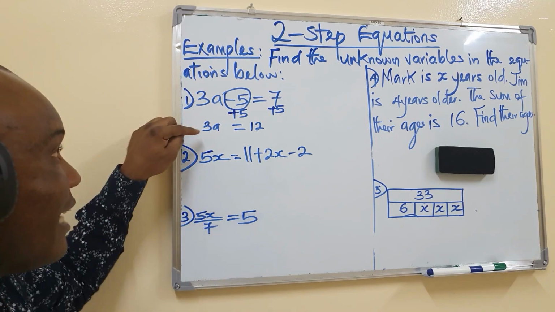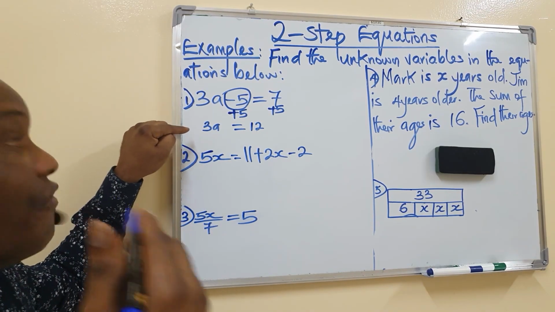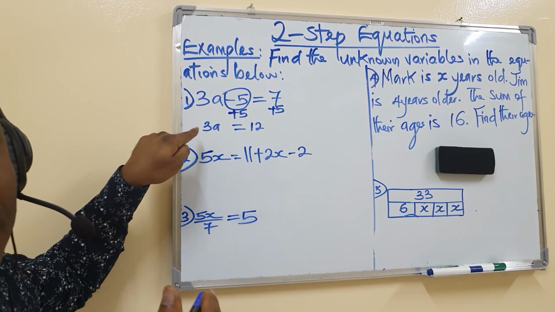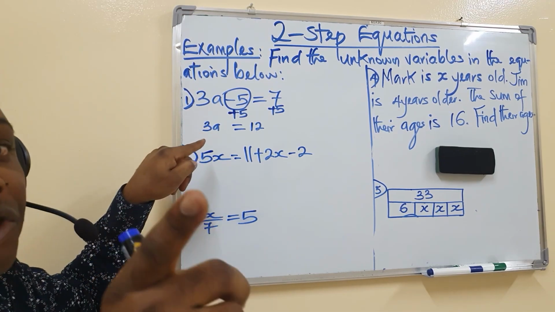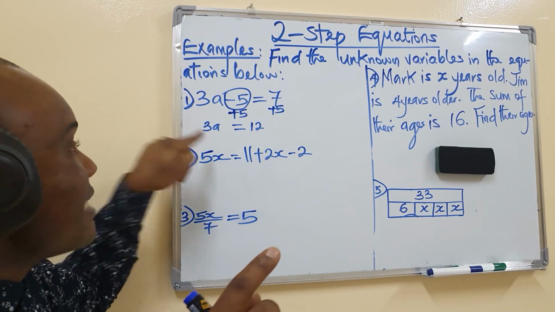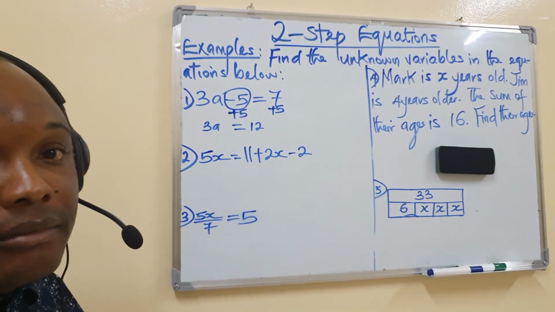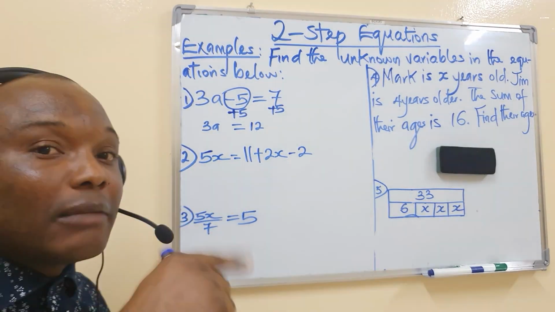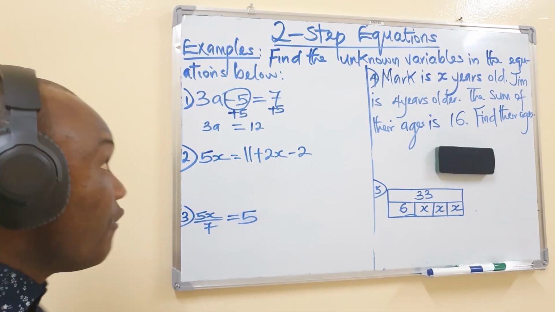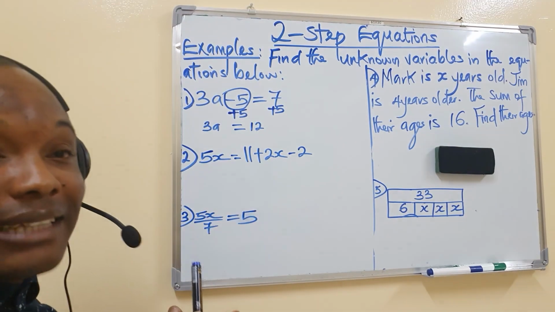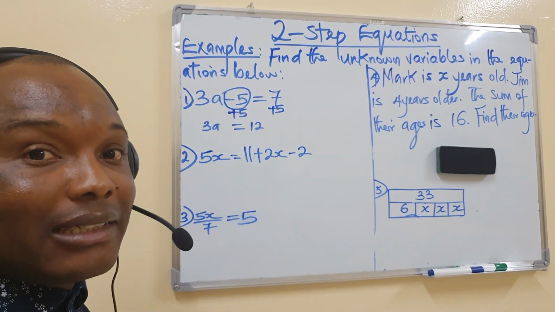Now, the number attached to a, which is the variable we are looking for, is the number 3. And this time, the relationship between them is multiplication, because 3 times a is 3a. So the only way to undo that multiplication is to introduce division. Therefore, remember what you do to the left-hand side is what you do to the right-hand side.